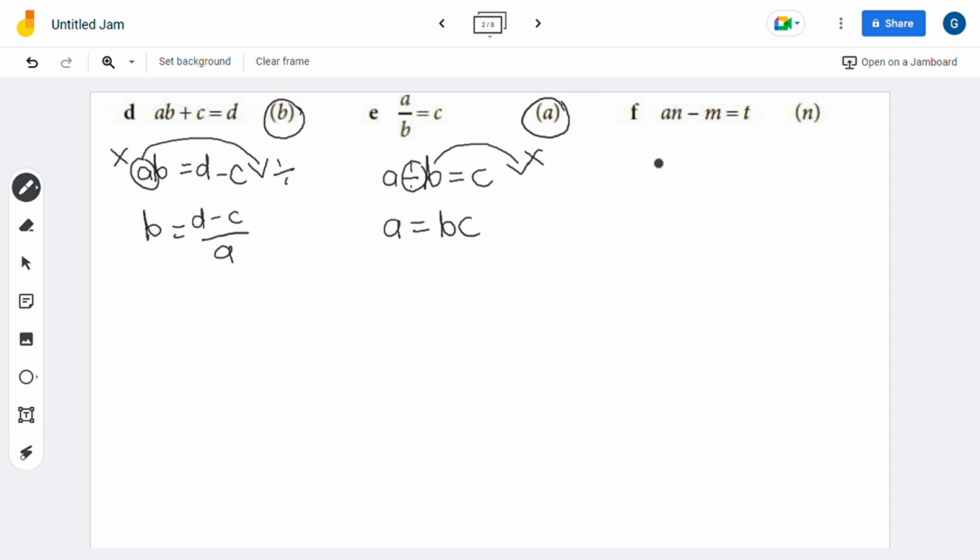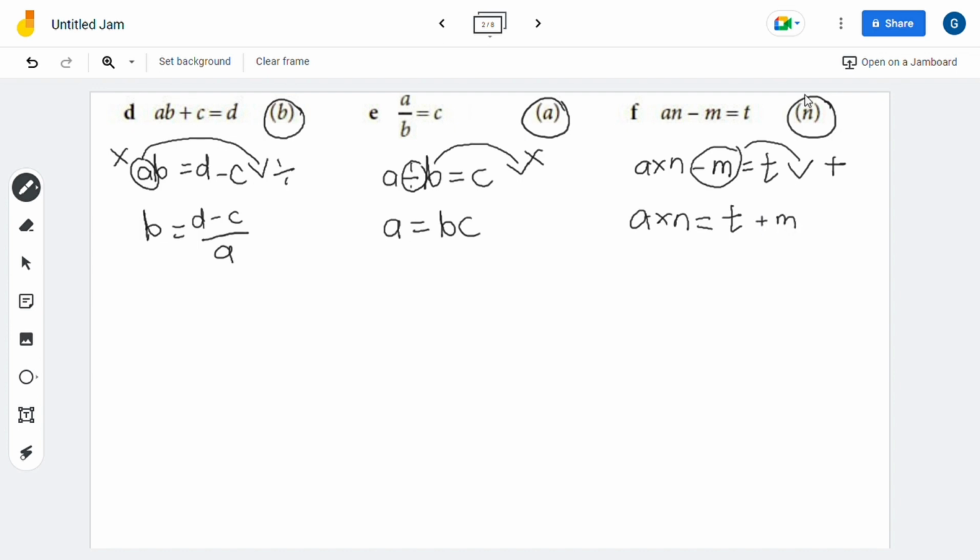And for question F, an minus m equals t, we need to make n the subject of the formula. So a times n minus m equals t. Here m is negative, so when shifted over here, it will become positive. So a times n equals to t plus m.